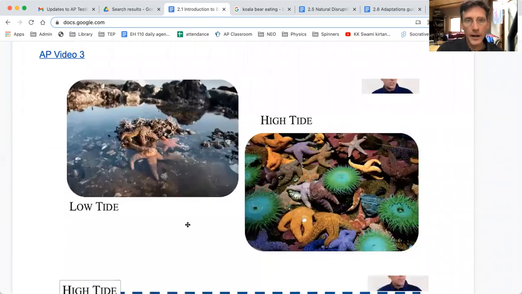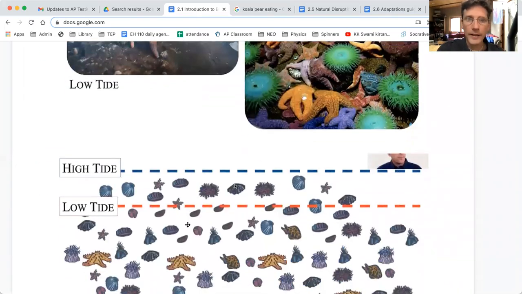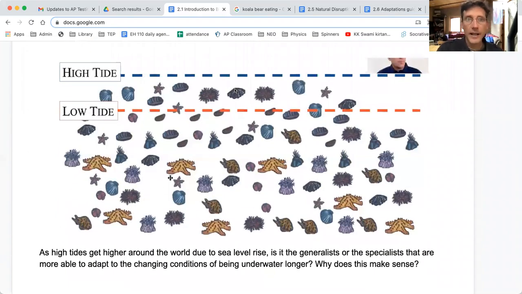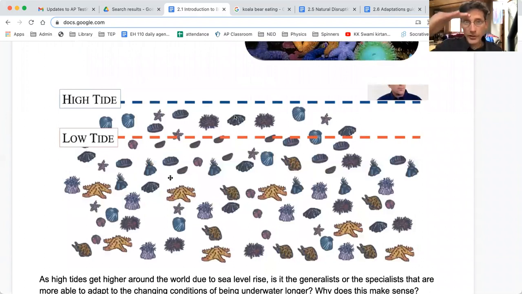Okay, now this is just one other example, going back to this idea of generalists versus specialists. We do see sea levels changing, we see them rising. So this is an environmental change happening on coastlines all around the world. And the species that are more generalists are going to be able to survive better in those areas that are now experiencing that change. So, we talk about tides.